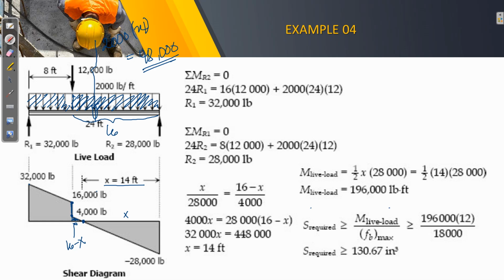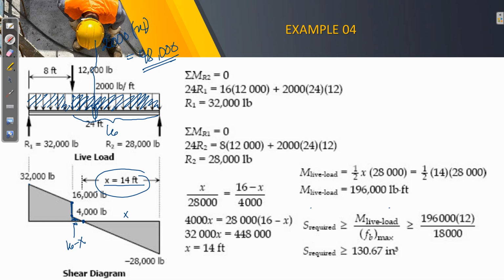So we can say that x, the base of the larger one, is to the height of the larger one, 28,000, will be equal to the base of the smaller one to the height of the smaller one. So by cross multiplication and manipulation, x will be equal to 14 feet. So this is already placed here in the figure.